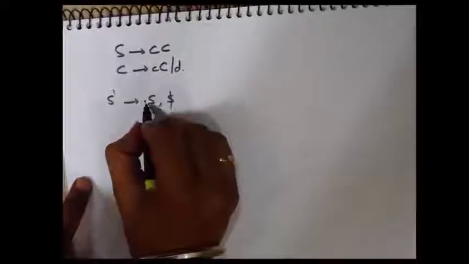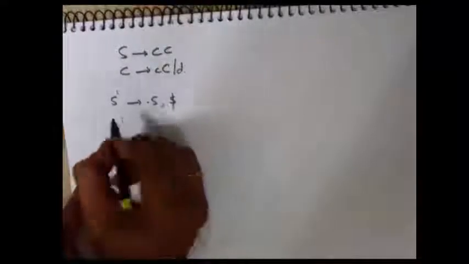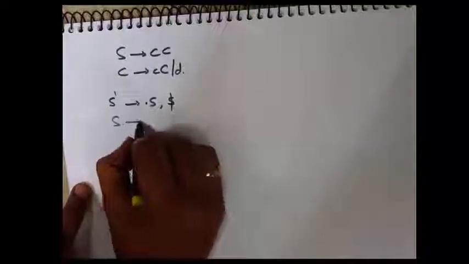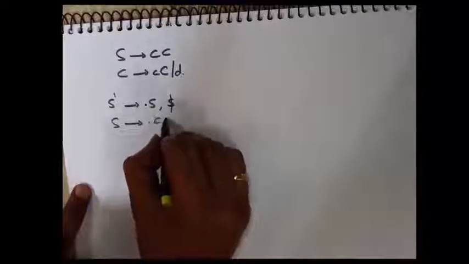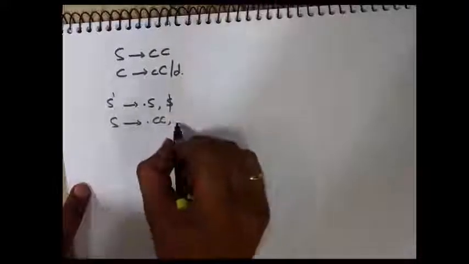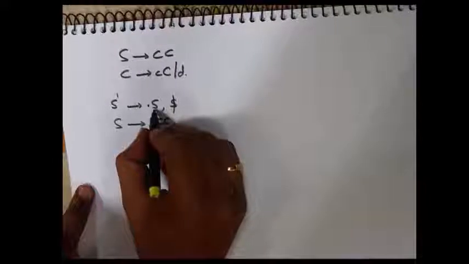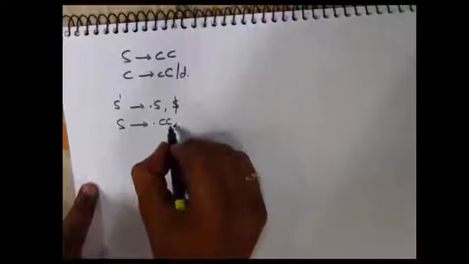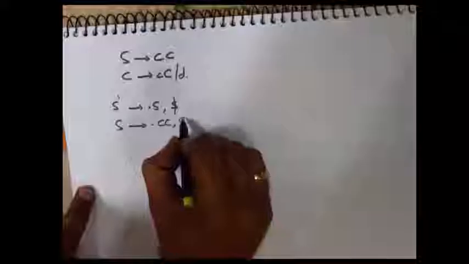As the next element succeeding the dot is S, we need to write all the productions of S, which is S derives dot CC, comma, the lookahead for S is the first of dollar. As the first of dollar is dollar, the lookahead for this expression is also dollar.